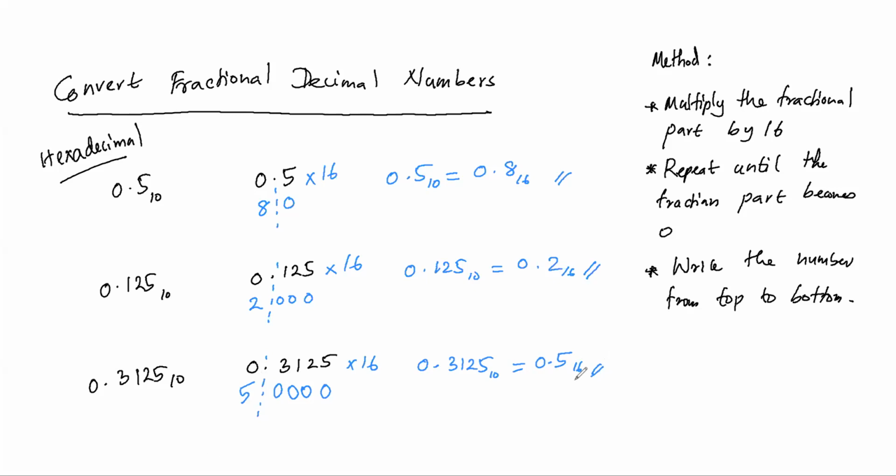Right. Okay. So that's how we convert the fractional part of decimal numbers into hexadecimal, right? So let's look at the other way around. We are going to look at the conversion the other way around.